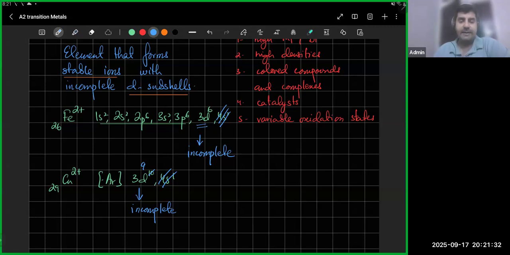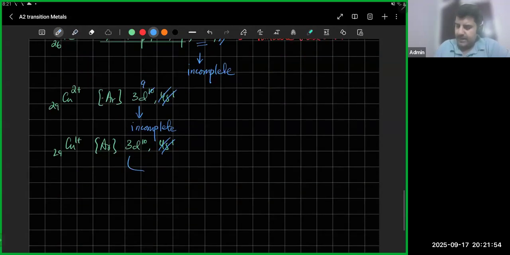But sometimes it's not behaving as a transition metal. For example, copper 1 plus is another stable ion of copper. If it's 1 plus, that means the outer electron is removed, and now its d is complete.